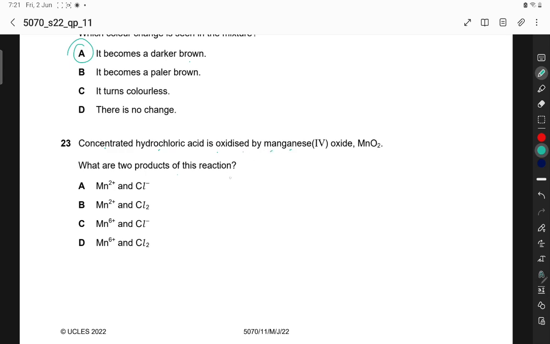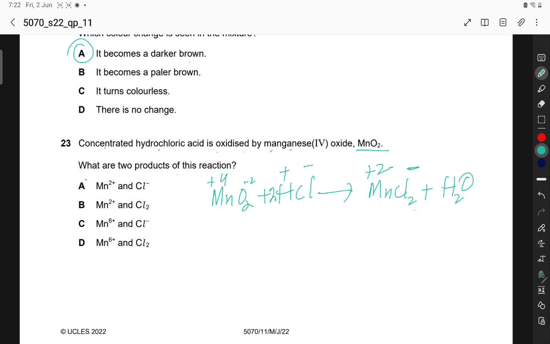MnO2 plus HCl gives H2O. Oxidation states: minus 2, plus 4, and plus 2, minus 1, plus 1, minus 1.